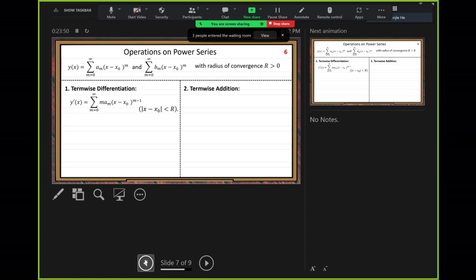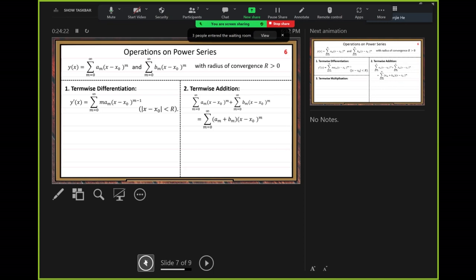Number 2, the second operation, term-wise addition. When you want to add two power series, you can do term-wise addition. Adding these two power series, you just add the coefficients term by term for the resulting power series.